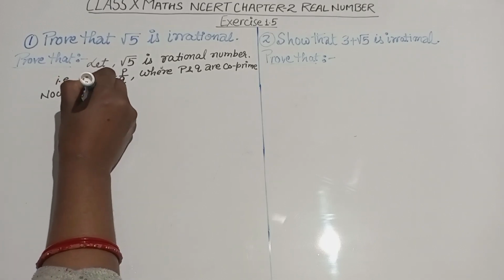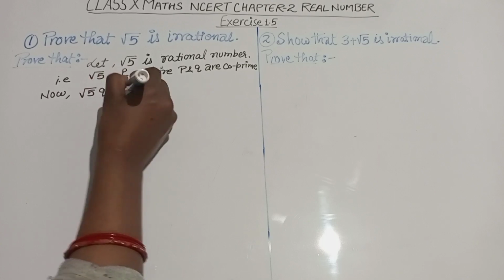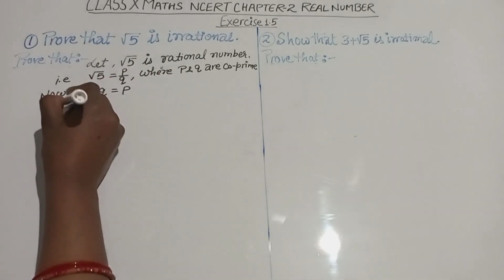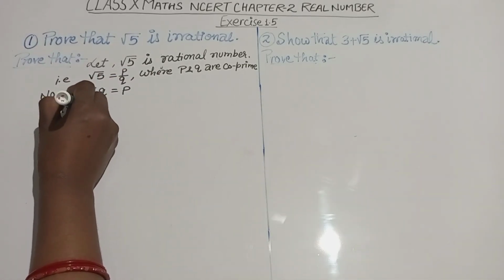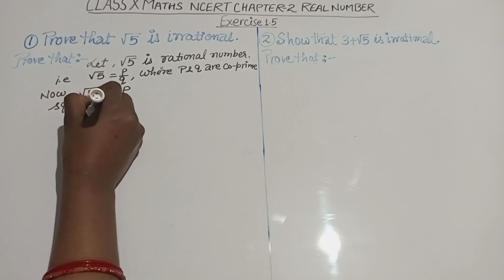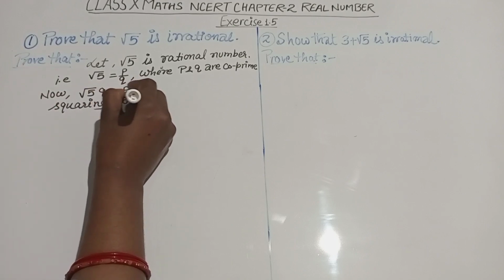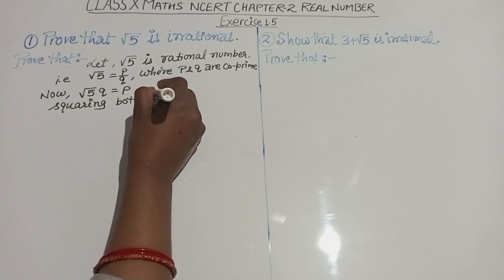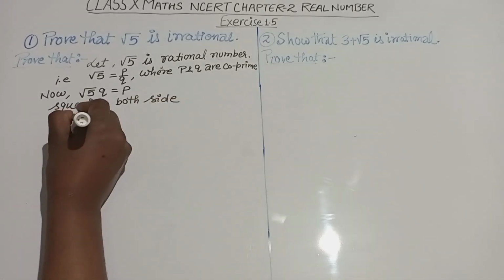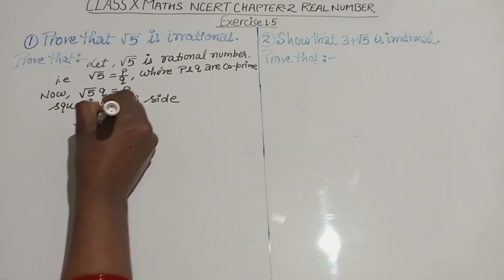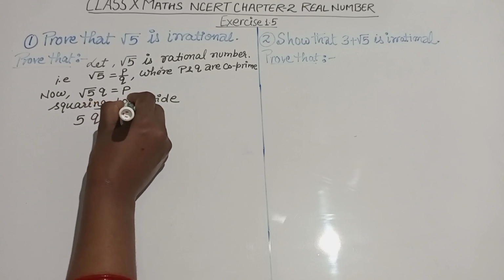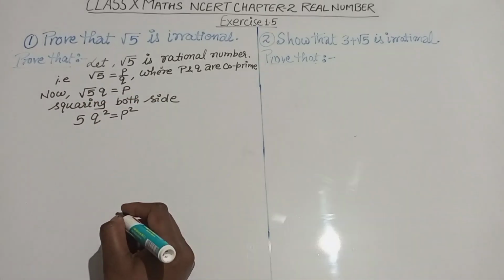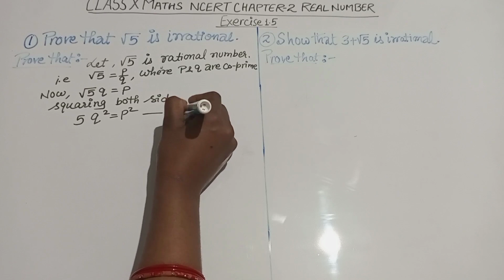Root 5 q is equal to p. Squaring both sides, 5 q square is equal to p square. This is equation 1.